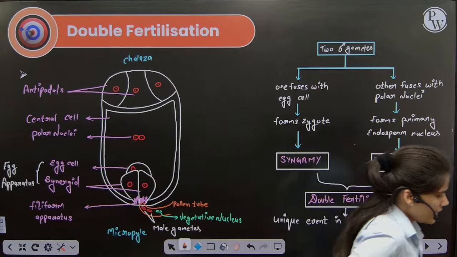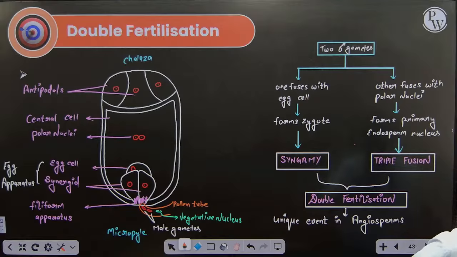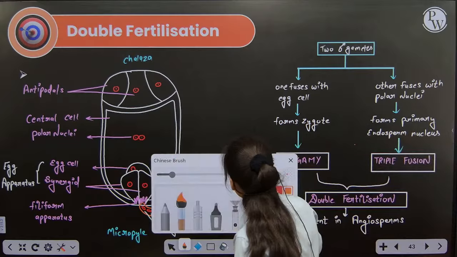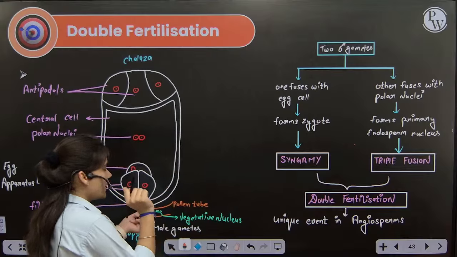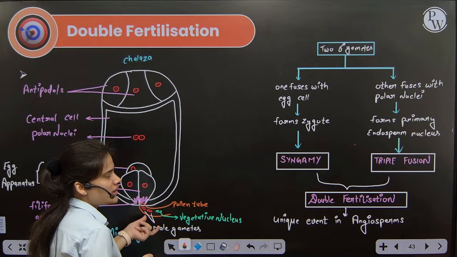Now, the next process is double fertilization. What happens? How many male gametes are there? Two male gametes, formed by mitotic division of the generative cell.